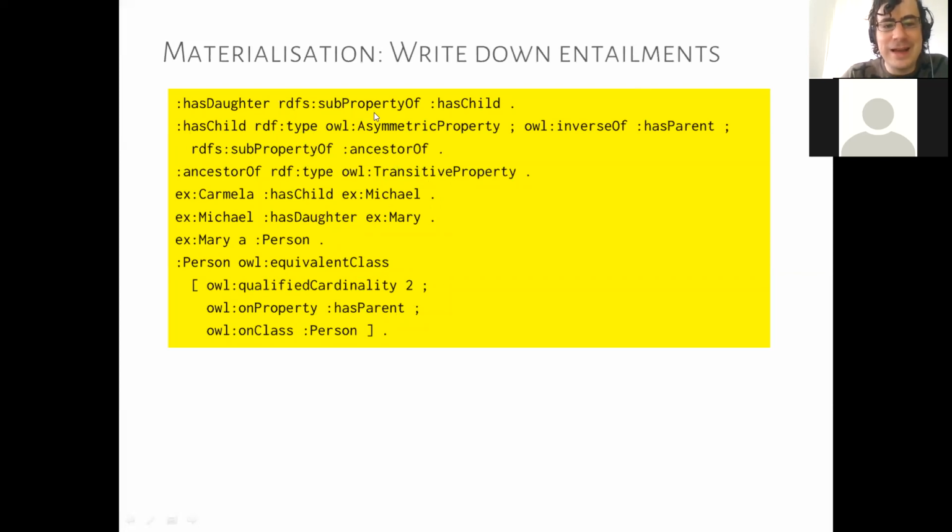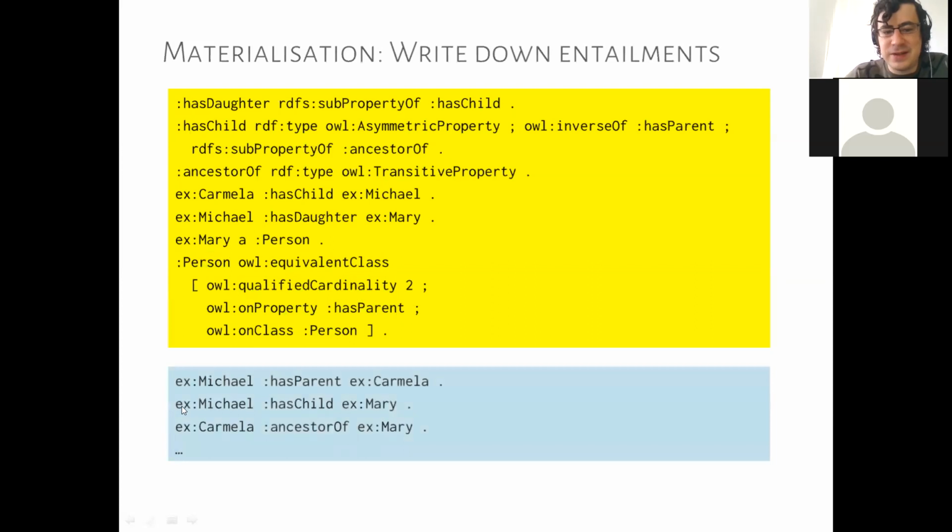So we have has daughter is a property of has child, is an asymmetric property, inverse of has parent, ancestor of, ancestor is transitive, Carmela has child Michael, Michael has daughter Mary, and a person is equivalent to having exactly two parents that are people. So if you have two parents that are people, then you're a person. If you're a person, you have two parents that are people.